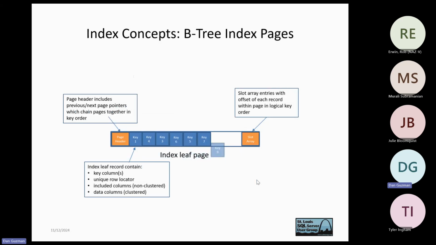And in this animation, I'm just inserting those in an arbitrary order. Even though the rows inside of the page are in an arbitrary order, the slot array has them in the correct logical order.